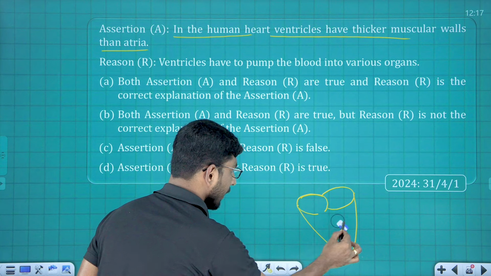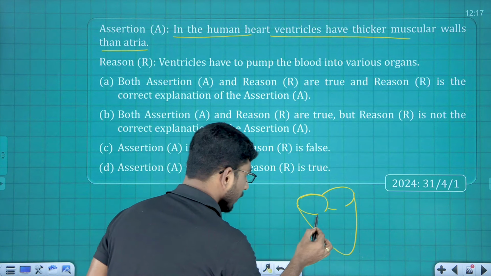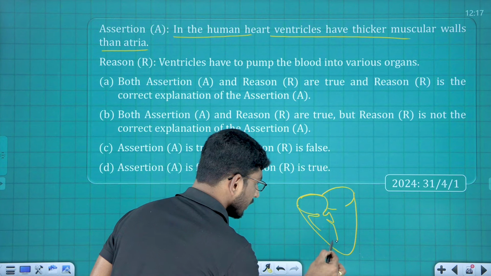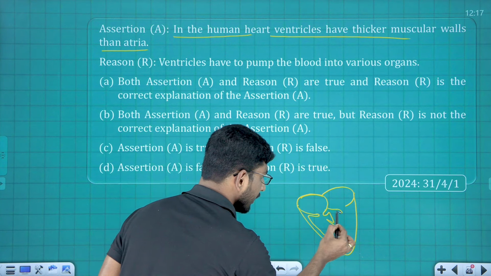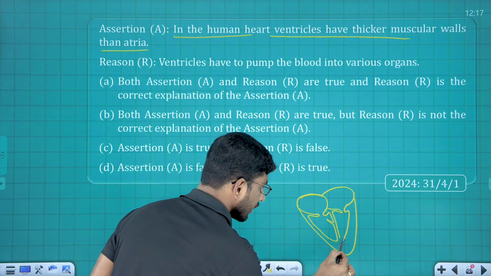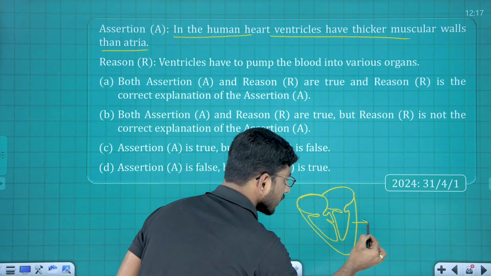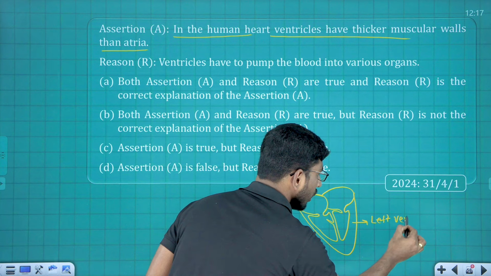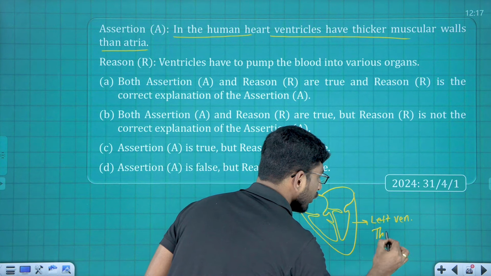Let me draw like this. Look at here. This is the bicuspid and tricuspid valve. This is the right atrium, right ventricle, and this one is the left ventricle. The left ventricle walls are thicker.